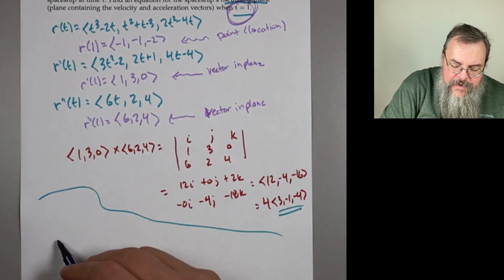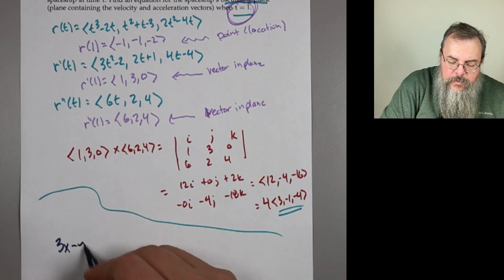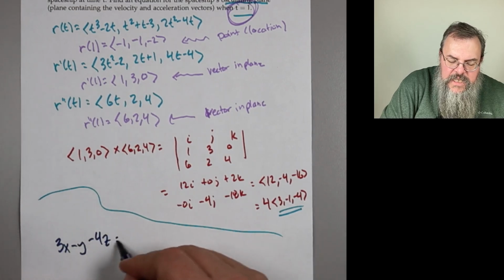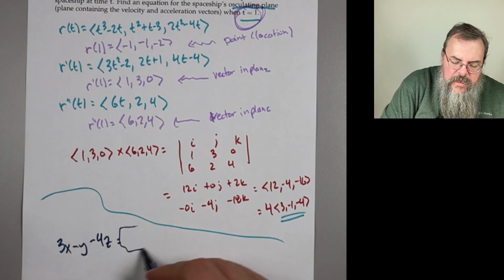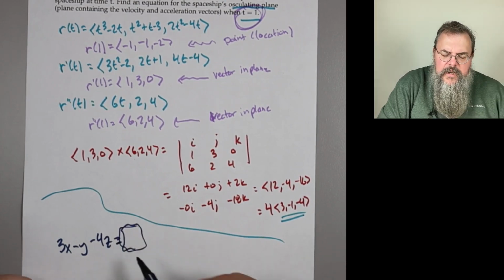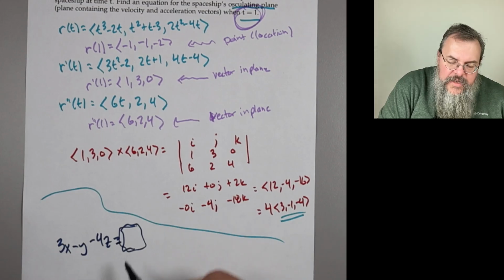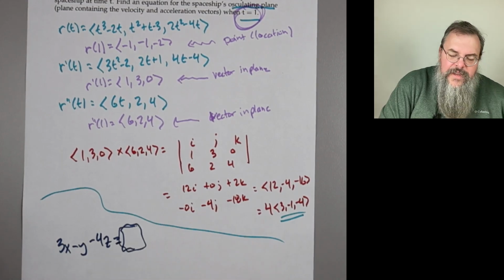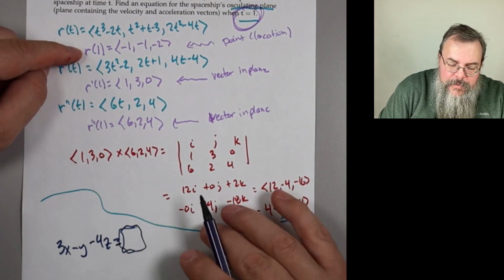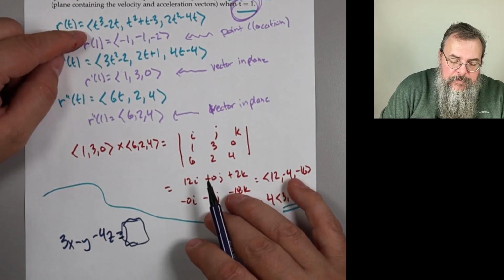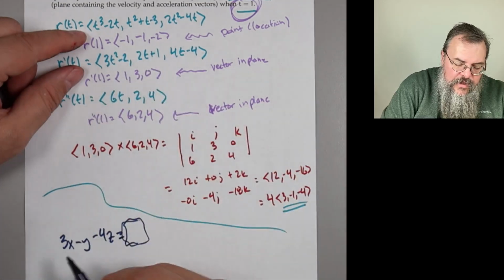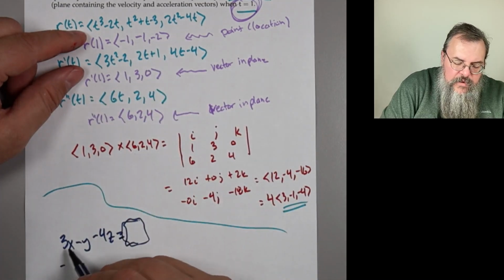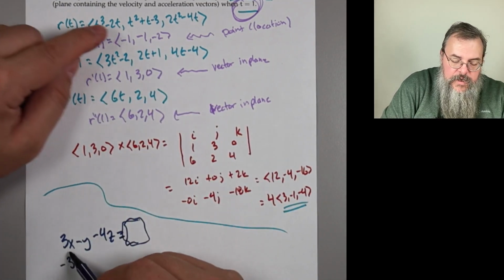So we're almost to the point, almost done, I promise. So what do we have? We have 3x minus y minus 4z equals something. And the question is, what's in the box? That's where the point comes in, remember? So we got to plug this point in: minus 1, minus 1, minus 2. So minus 3, right? 3 times minus 1.